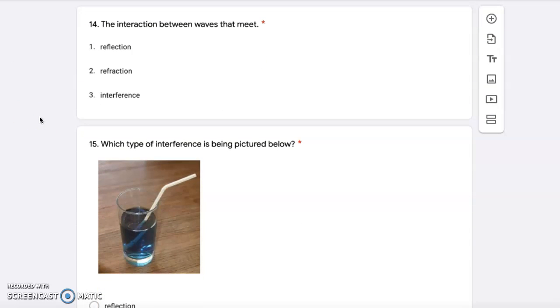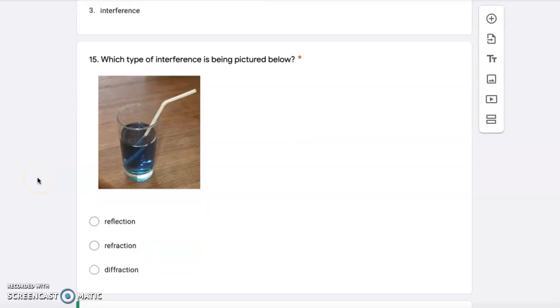Number 14. The interaction between waves that meet. Reflection, refraction, or interference. Number 15. What type of interference is pictured below?